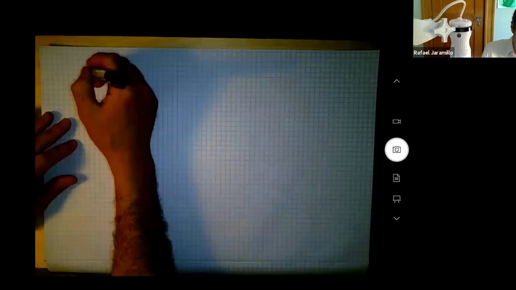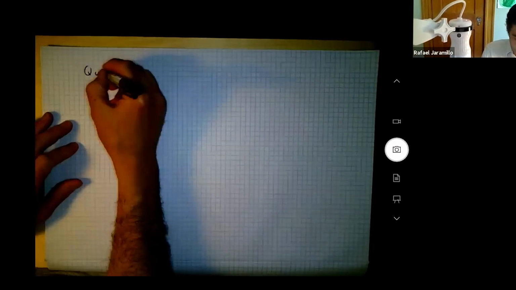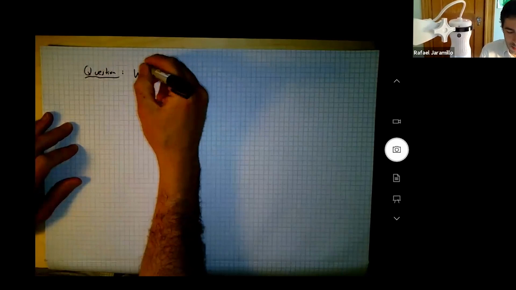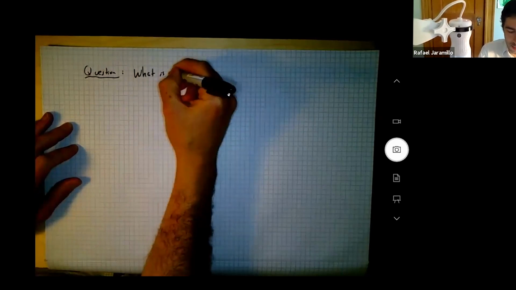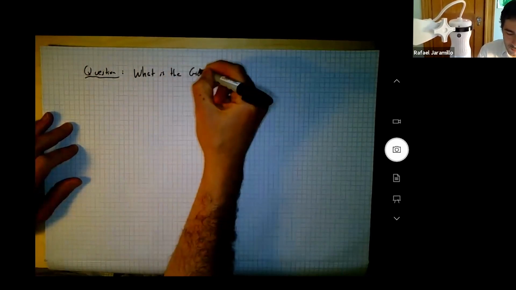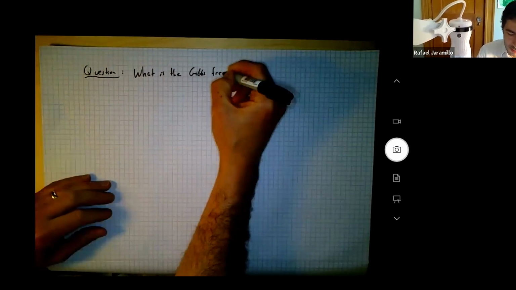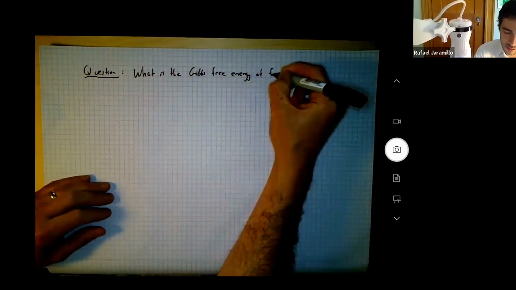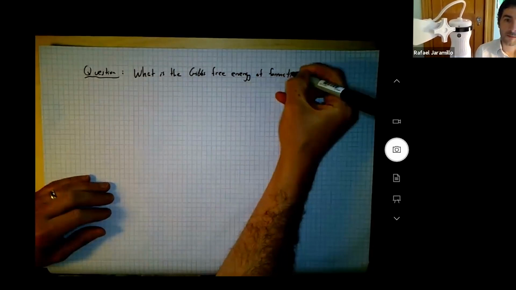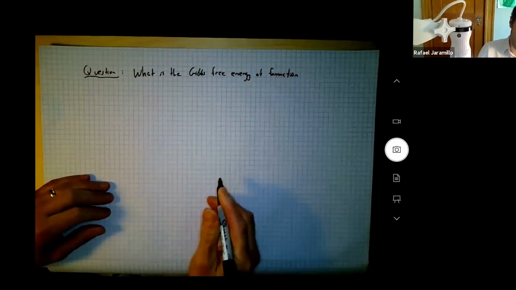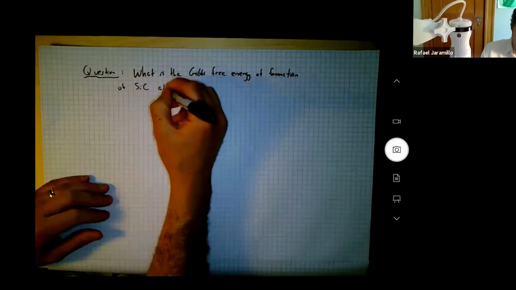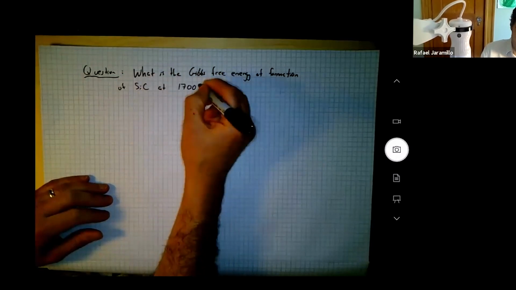Here's a question. What is the Gibbs free energy of formation of silicon carbide at 1700 degrees C?